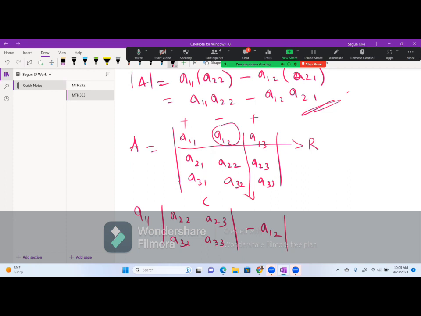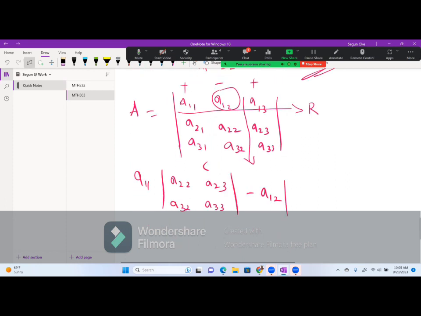For A12, the row will be paralyzed and the column will also be paralyzed. It will remain what? Who can tell us? A21, thank you. A21, A23, and A31, A33.